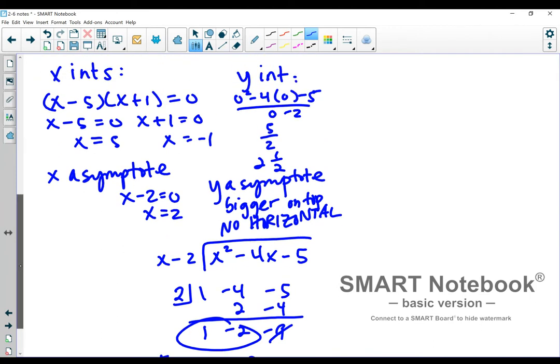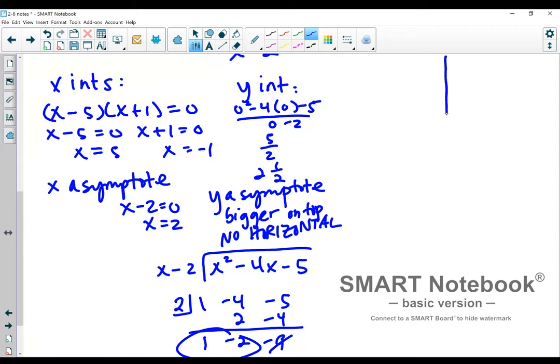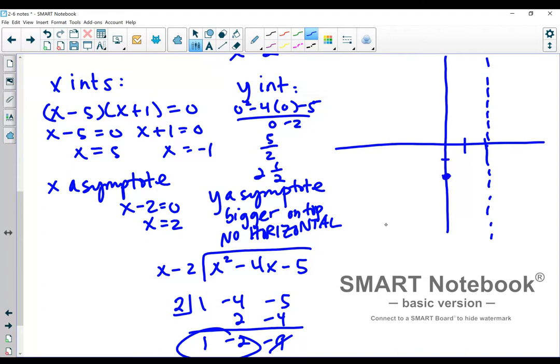So now we need to put it all together. Here's my axes. Vertical asymptote at 2. And then we have the x minus 2, so here's -2, and a slope of 1. All right, what else are we missing?